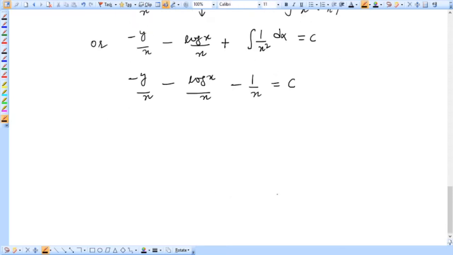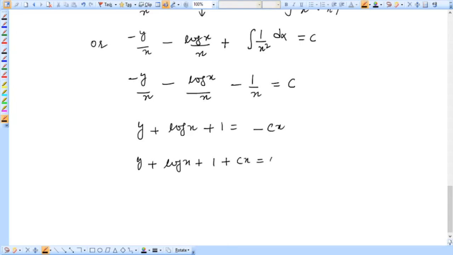Okay, so multiplying through by x and taking the minus sign to the other side, we get y plus log x plus 1 plus cx is equal to 0, which is the required solution. Okay.